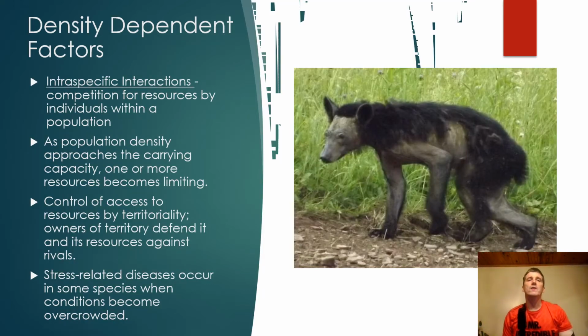There are intraspecific interactions that are density dependent as well. These would be competition for resources between individuals within a population. So deer, for example, competing for the same browse, that would be an intraspecific interaction. As a population approaches carrying capacity, one or more of these resources become limited.